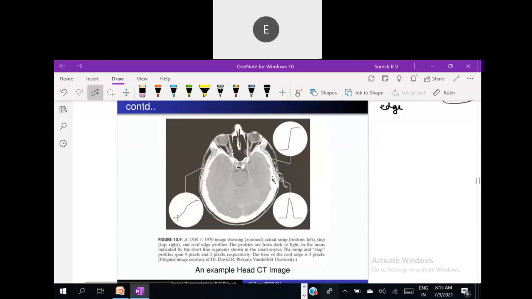So there is a ramp edge here, and you can see a sudden transition here. So you can say this is a step edge, and you can see a triangular type of edge in this corner. So this picture is an example of a head CT image which demonstrates all the three edges that are possible.